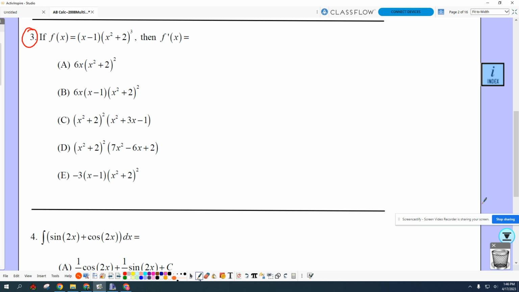Is that F5? That says F equals, and then what is F? Yeah, product and chain rule.